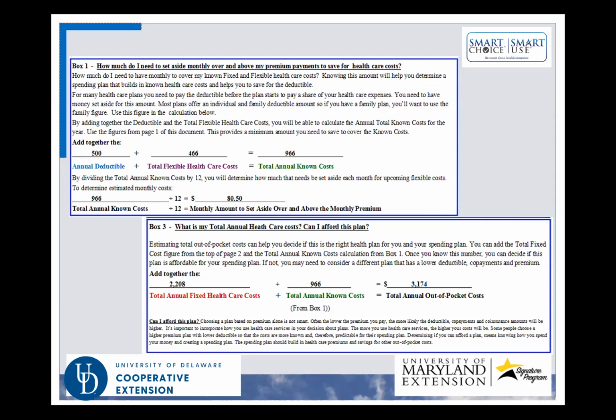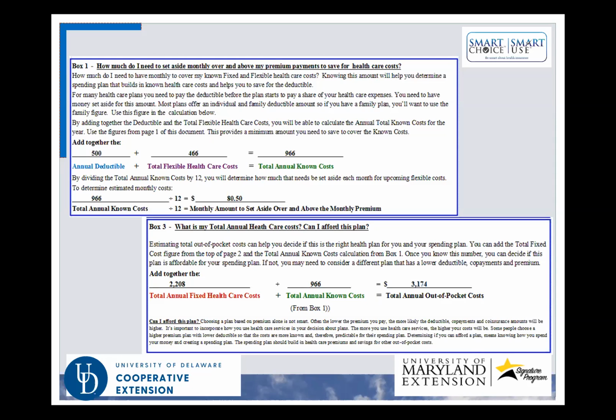And choosing a plan, what we know from the research is many people choose a plan because of the premium. And when there's other out-of-pocket costs, they can really add up. There's oftentimes this trade-off between the premium and those other out-of-pocket costs and the deductible.